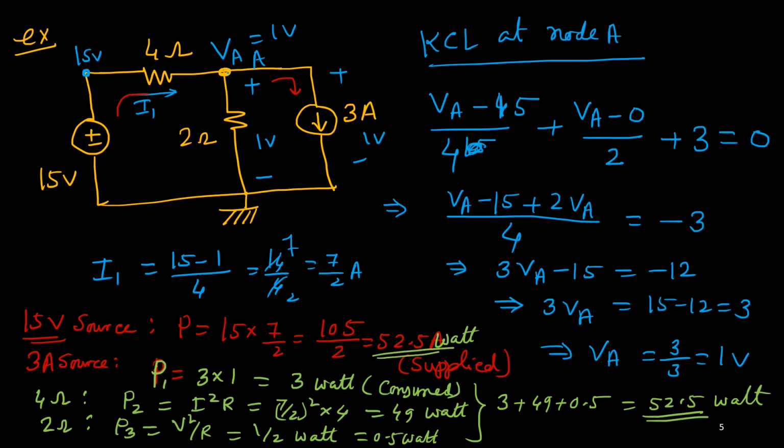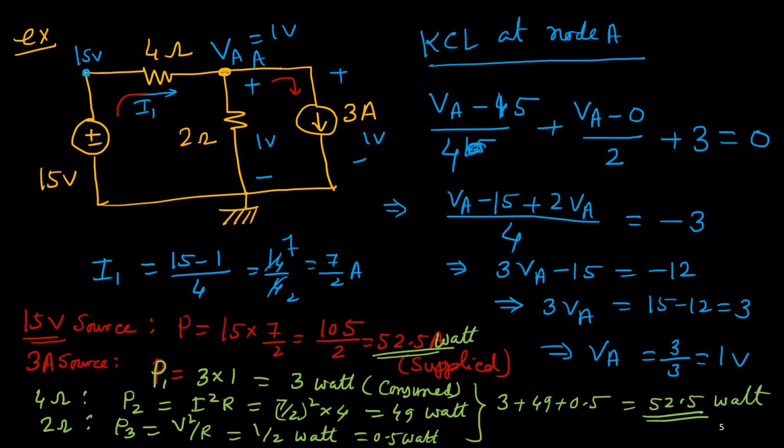So in this case, only one source, this voltage source, is supplying power, and all the other elements, including this current source, are absorbing power. So you have to be careful about the power supplied or consumed. Resistances will always consume power, and the sources may consume or may deliver power.